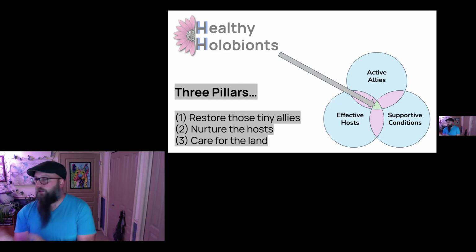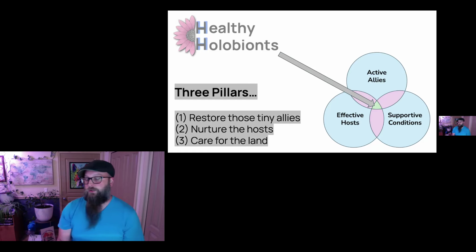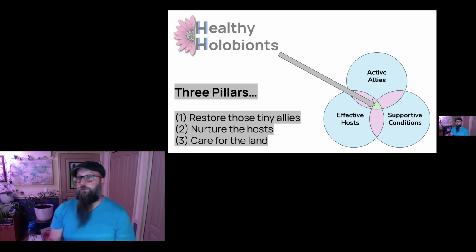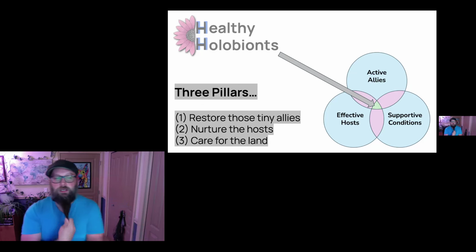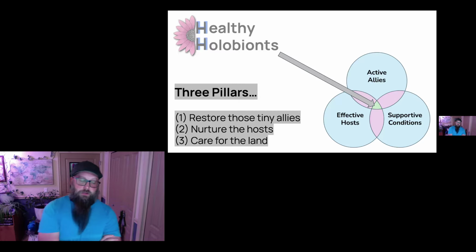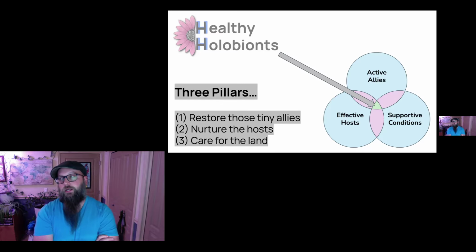And then we can't accomplish either of those things to the fullest extent without caring for the land or influencing things to have these really supportive conditions. And I use the word influence quite intentionally here because I think a lot of the agricultural paradigm, the gardening paradigm that's out there, is about control.